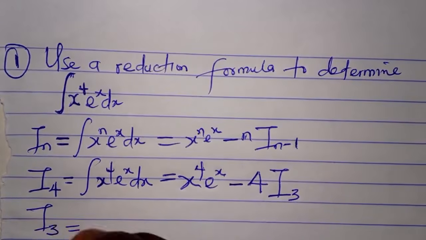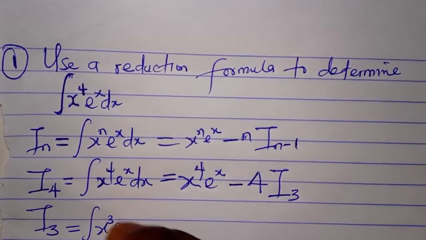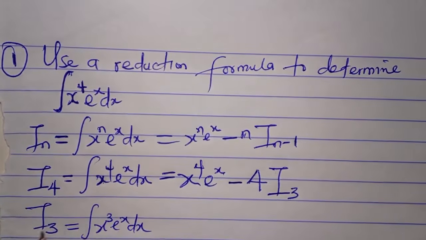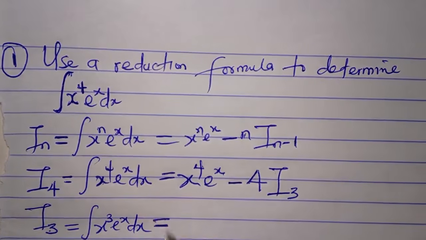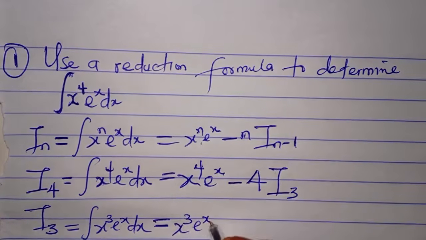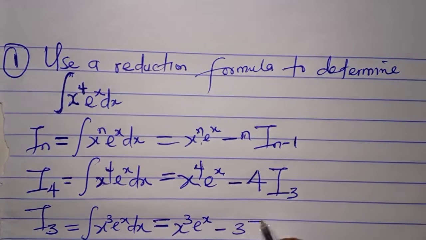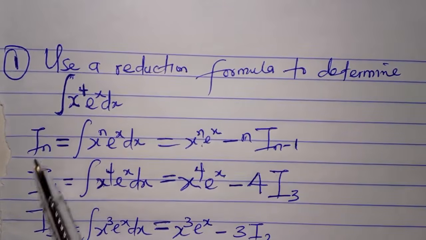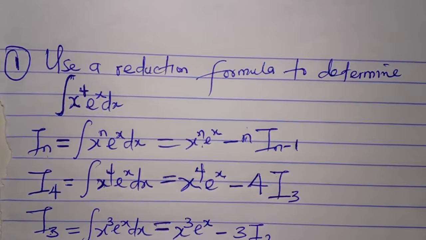I3 is simply the integral of x cubed e to the x dx. You agree with me? If this is I4, then this will be I3. This is equal to, applying the same reduction formula, x cubed e to the x minus 3 I, of course, 2, because n is 3. Understand the process.